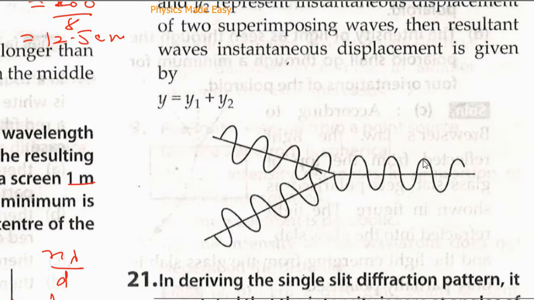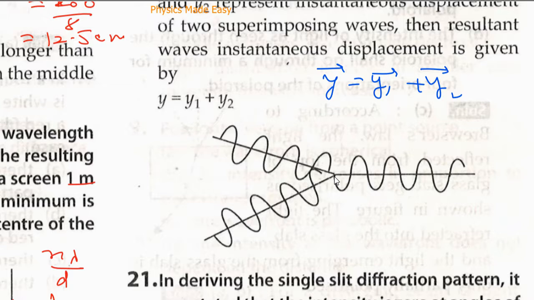Displacement is a vector, so it will be their vector sum. This is the simple principle, because we take wave nature into consideration, and with waves the concept of instantaneous displacement is attached. Displacement is a vector quantity, so there is vector addition. This is what this principle says: vectors are added like vectors.